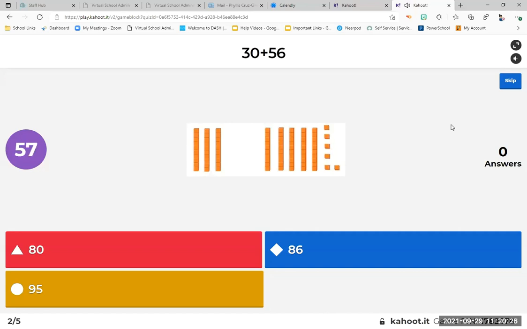Are we adding tens or ones? Let's see. We had 3 tens and now we're adding 5 more tens and 6 baby ones. What is 30 plus 56? Choose your best answer.